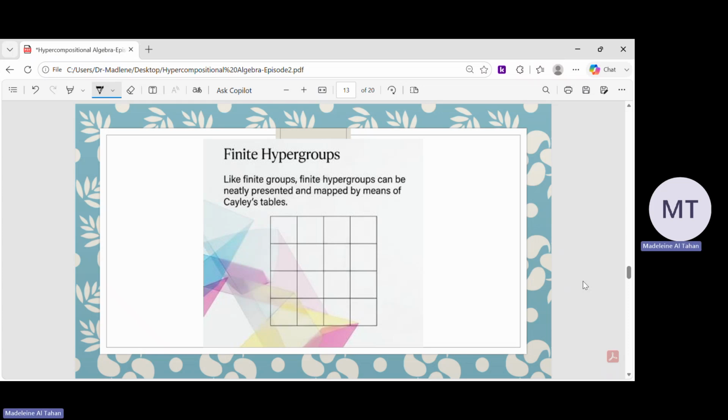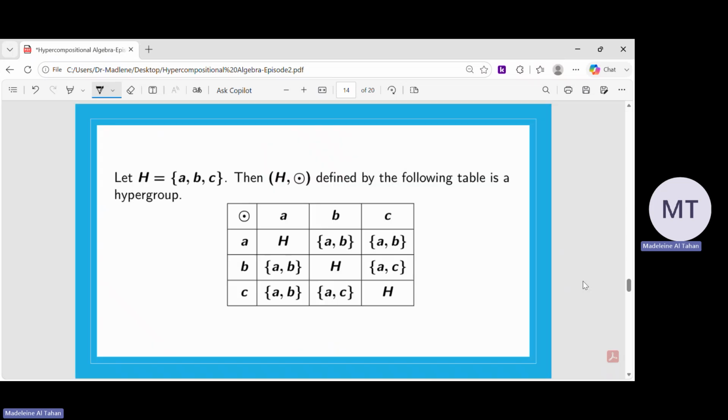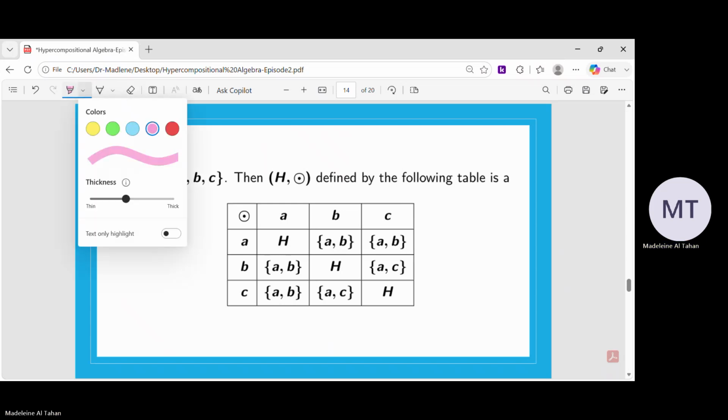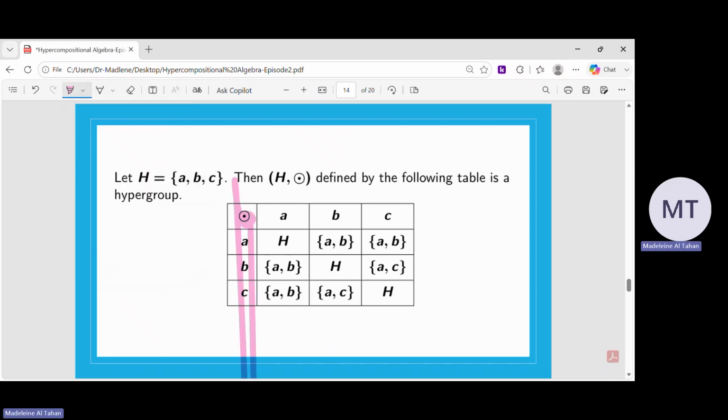Like finite groups, finite hypergroups we can represent by means of Cayley's table. Here's an example. This one with this hyperoperation is a hypergroup. Now, first of all, let's try to read this Cayley's table. First of all, is it a hypergroupoid?